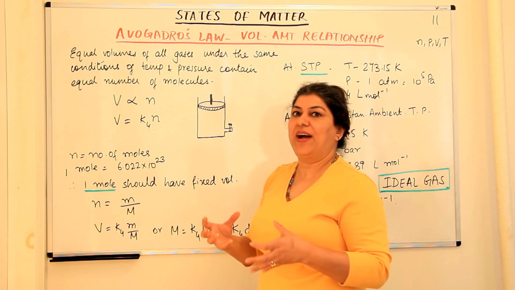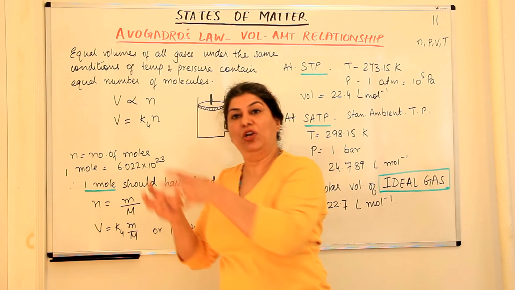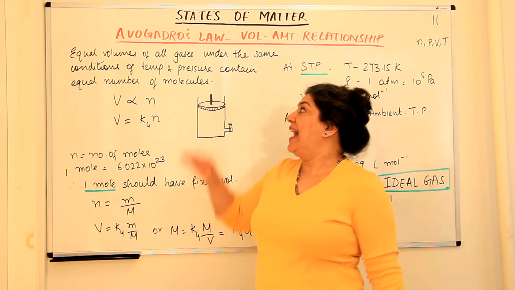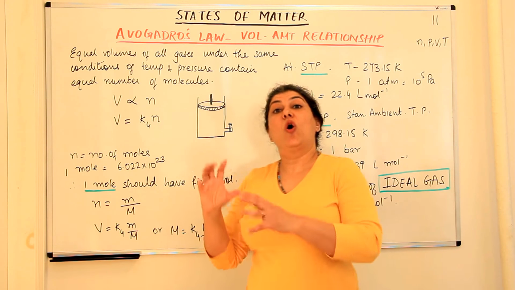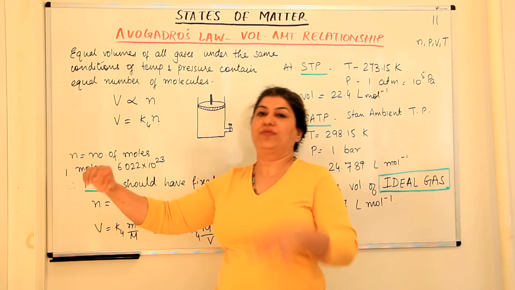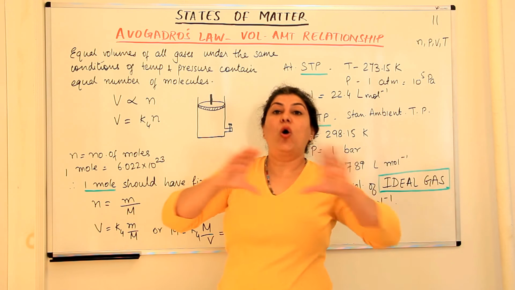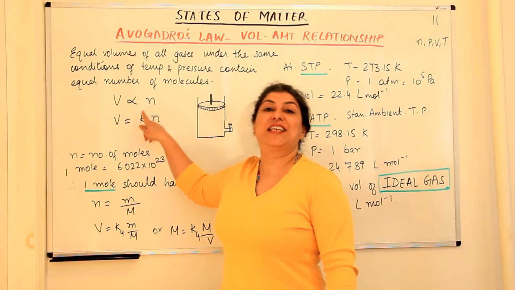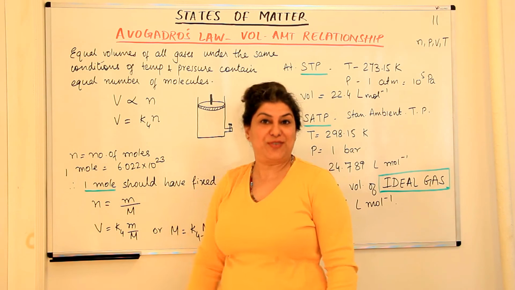He even specified that if you have the same volume of different gases at the same temperature and pressure, that is 1 liter of this, 1 liter of this, 1 liter of this, all of them will have the same number of molecules.